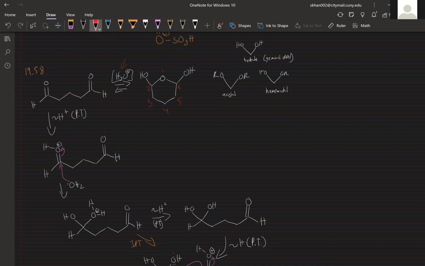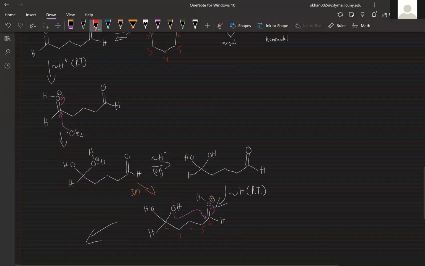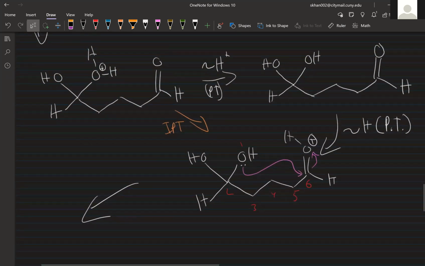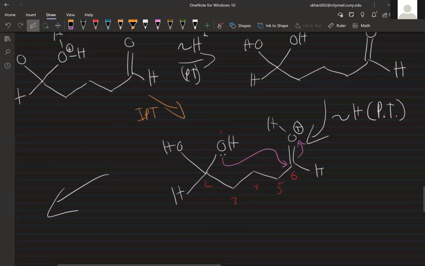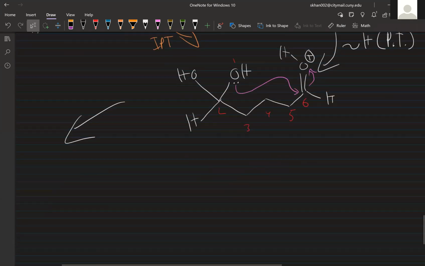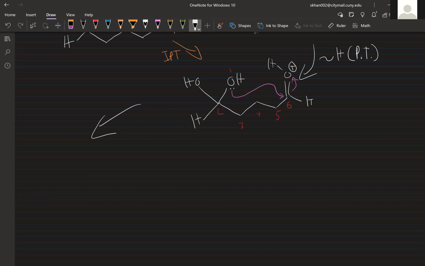That's why I was saying breaking the bonds and seeing where the carbonyls are can be a very valuable tool in assessing mechanisms and what happened. Okay. Now we could just form our product. It'll just be the protonated version, really. So here.